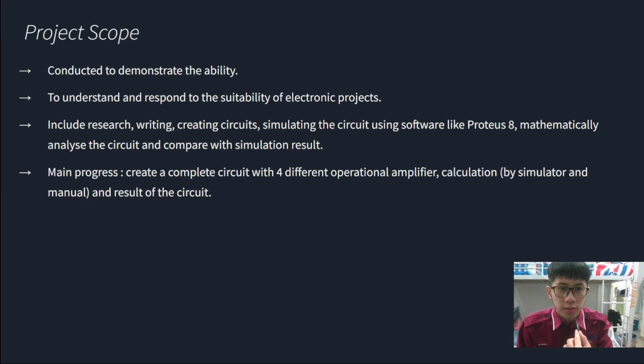It includes research, writing, creating the circuit, simulating the circuit using software like Proteus, mathematically analyzing the circuit, and comparing with the simulation result. Our main progress is to create a complete circuit with different types of operational amplifier, with calculation by simulator and manual, and the result of the circuit.